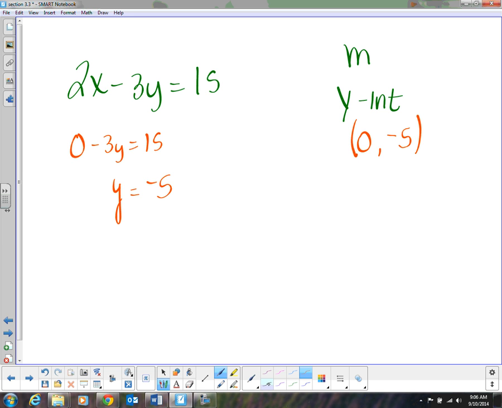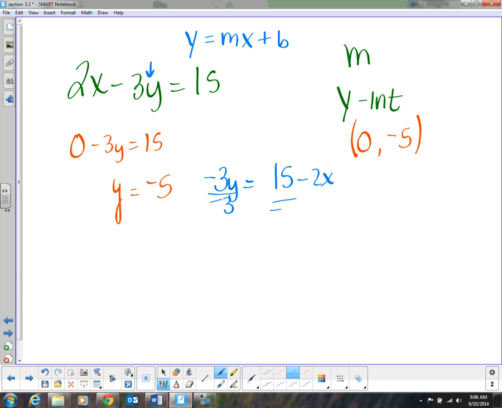What about y equals mx plus b? What if we were to solve for this y? So we have negative 3y equals 15 minus 2x, and what do we do?